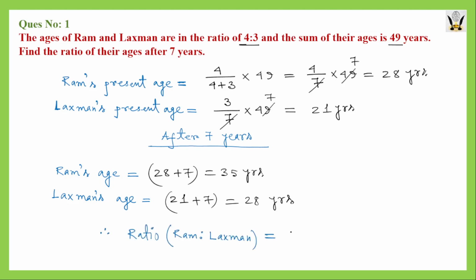So their ages after 7 years are 35 years and 28 years. So it will be 35 is to 28. In the case of 35 and 28, the common factor is 7. So in the simplest form, the ratio will be 5:4.